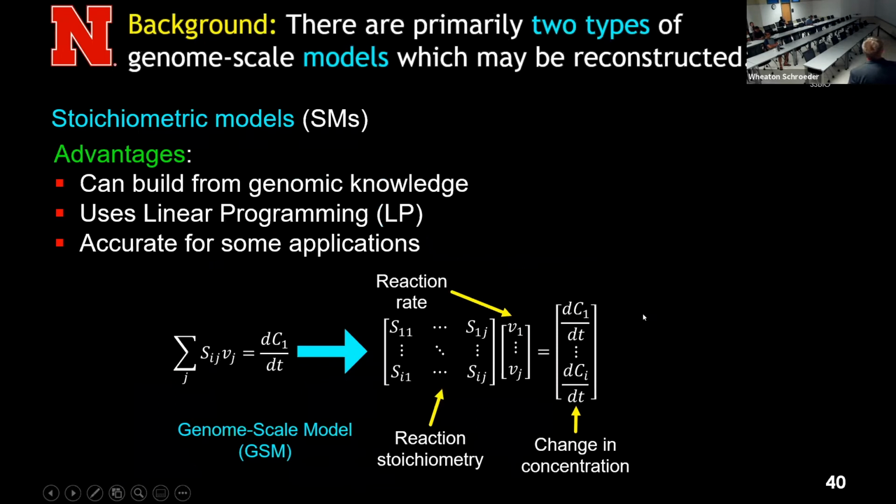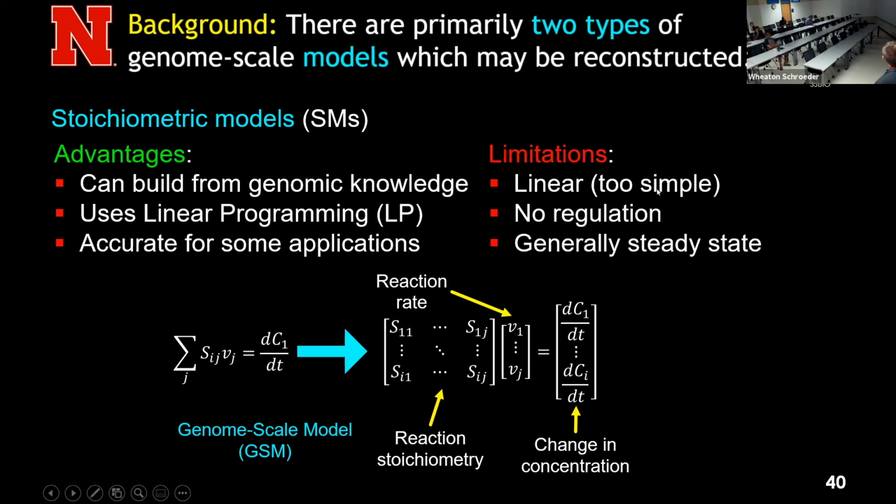Now, to this point, I've been talking exclusively about one type of genome scale model. However, there is a second. The one I've been talking about to this point are called stoichiometric models, or SMs. And we can build these from genomic knowledge. They use linear programming, and they're accurate for some applications.